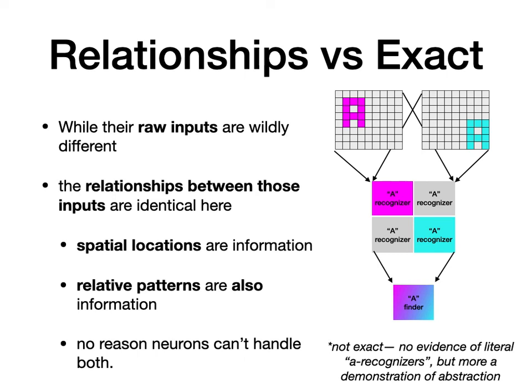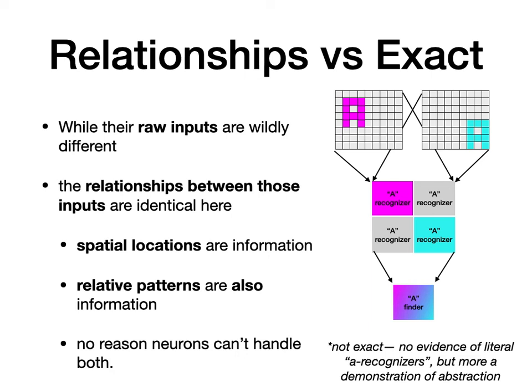So in this example, in the upper left, you might have an array of A recognizers, and there's one for each little area, right? And so an A recognizer says, hey, there's an A in the upper right corner, and another A recognizer says, hey, there's an A in the bottom right corner. Those are stand-ins for more complex combinations of features like we just covered, but this is the idea.